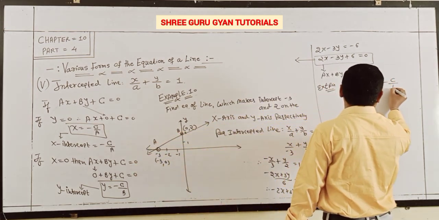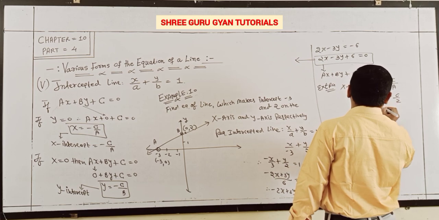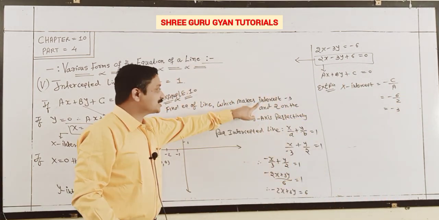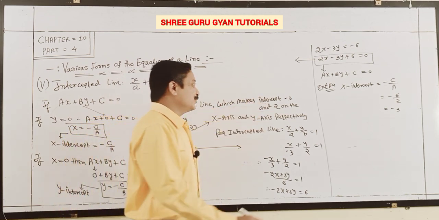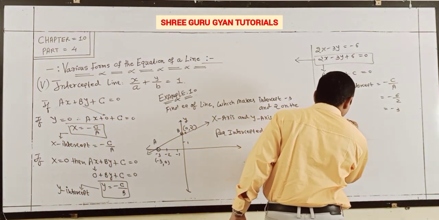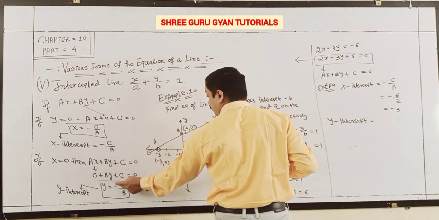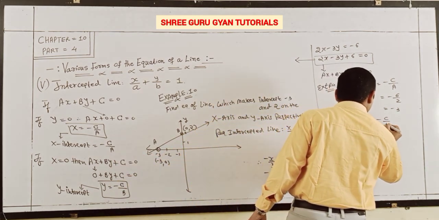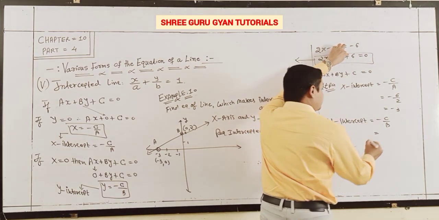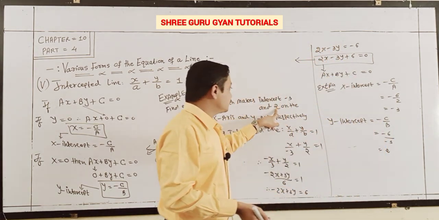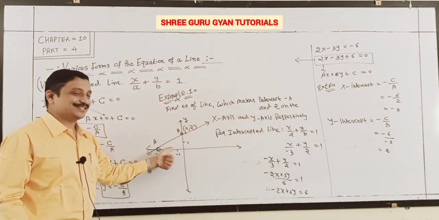Minus c by a, minus 6 by 2. Check, minus 3 coming, according to the question. One more, the y-intercept: what is the formula? Minus c by b. Put in minus c, minus 6, and b is minus 3. It is 2. Check, the y-intercept is 2, as given. I already drew this drawing.